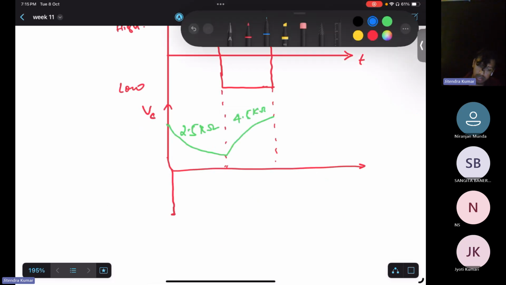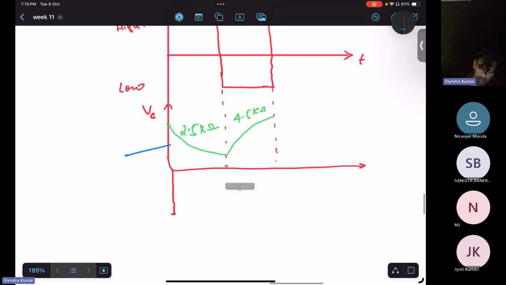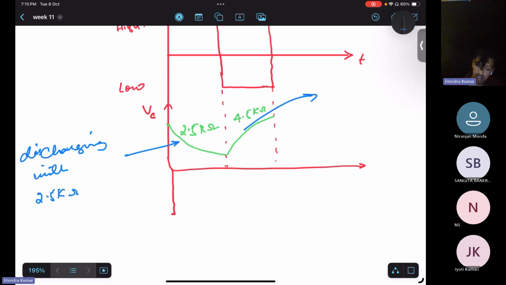So do not get confused. Let me write it: discharging 2.5 kilo ohm and charging with 4.5 kilo ohm.